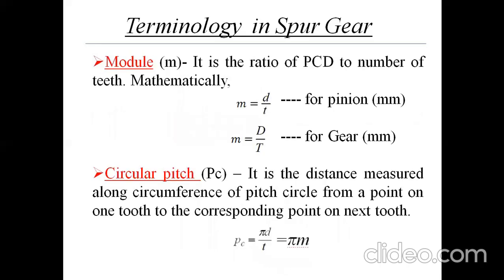Next is module. It is denoted by capital letter M. It is the ratio of pitch circle diameter to number of teeth. Mathematically, module is the ratio of d by t.